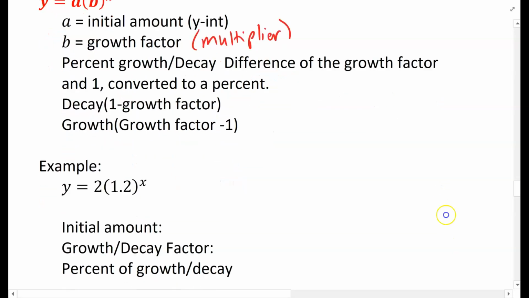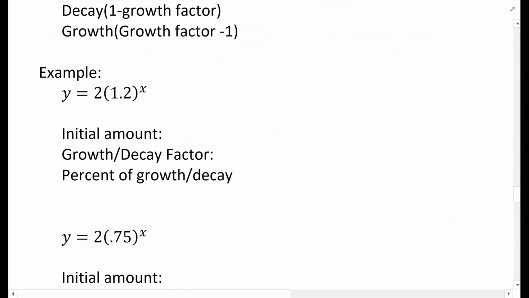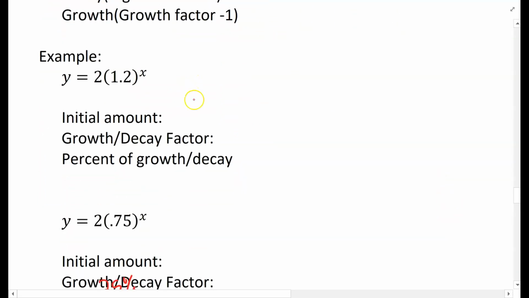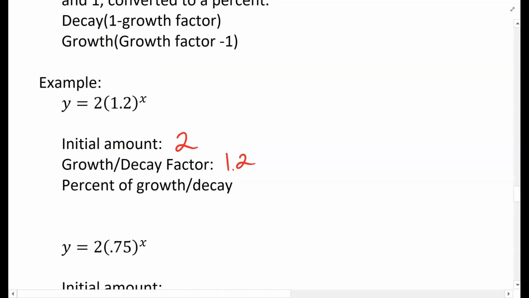So I think it'll make more sense when we look at these examples right here. You have an initial value of 2 on this first problem, and then you have a growth factor of 1.2. So what I was just alluding to as whether or not you're going to subtract from 1 or take your growth factor minus 1. When I see that we have a growth because our b value is greater than 1, we're going to take 1.2 minus 1, which gives us 0.2.